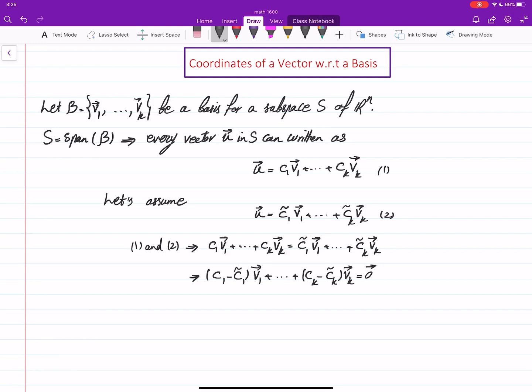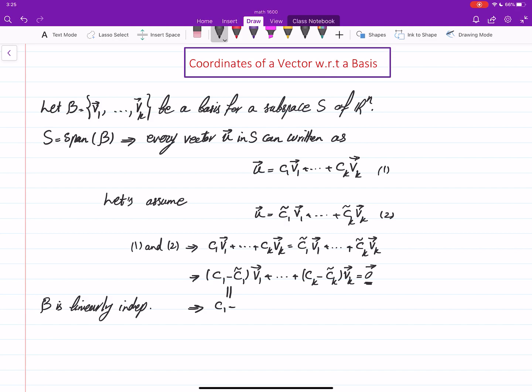Knowing that v1, v2, up to vk are linearly independent, so this is the second condition, that B is a set of linearly independent vectors, this implies that the only way we can write 0 as a linear combination of these vectors is that all the coefficients are equal to 0.